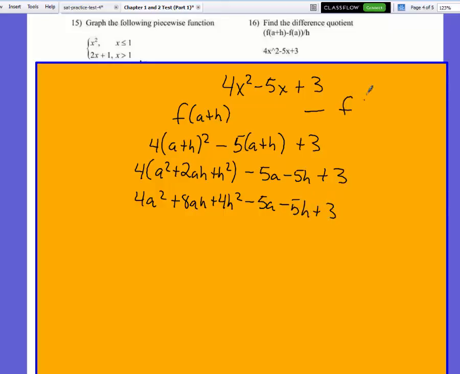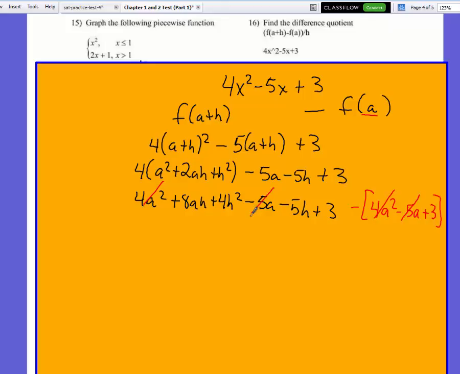And we know we're subtracting f of a, right? Well, f of a, all we're doing is just putting a in place of x. So this is going to be then minus 4a squared minus 5a plus 3, right? So I have a 4a squared that we're subtracting from a 4a squared.